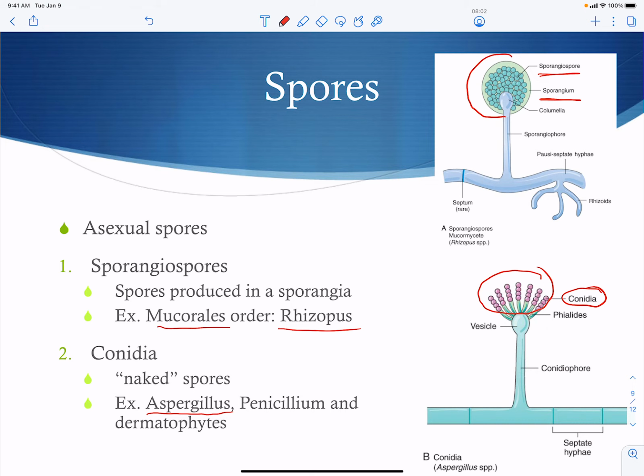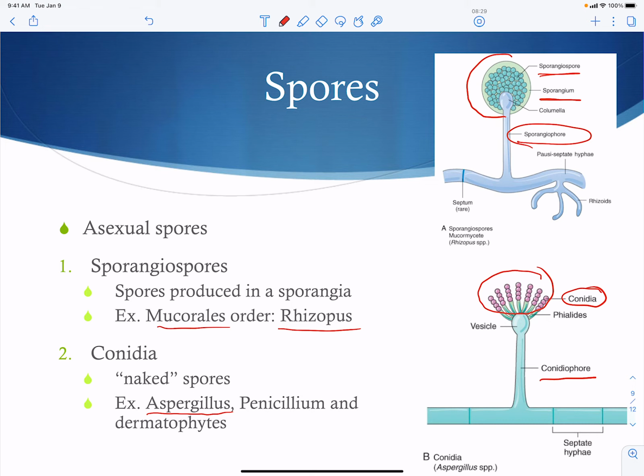Now you can see that we have a little bit of terminology associated with this. We have the sporangiophore, which is the trunk that holds the sporangium, and encased in the sporangium are the sporangiospores. On the conidia side, you have the conidiophore, which is the trunk for holding your conidia.